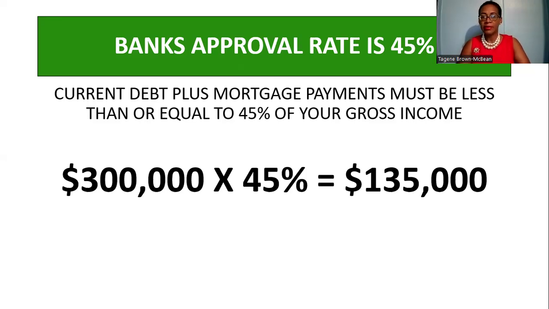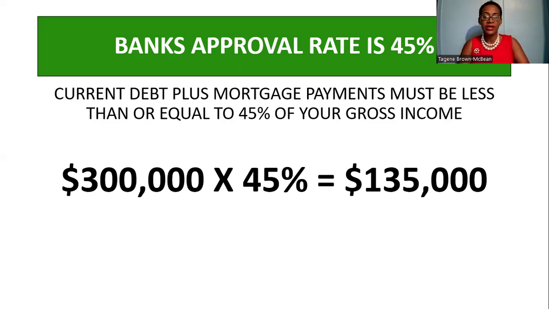Okay, so below we have your gross income, 300,000 times the 45% rate that the bank is using to say how much dollar value will you qualify for, including your current debt.